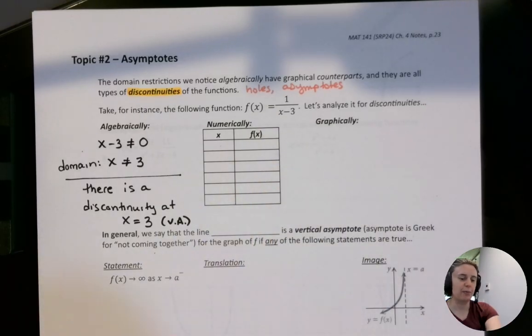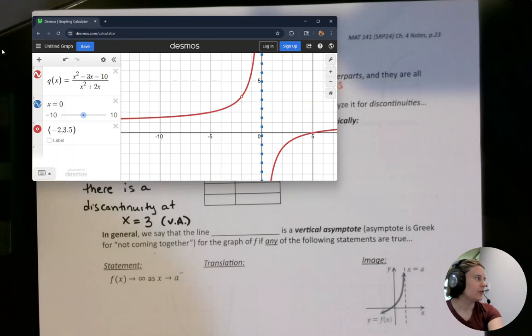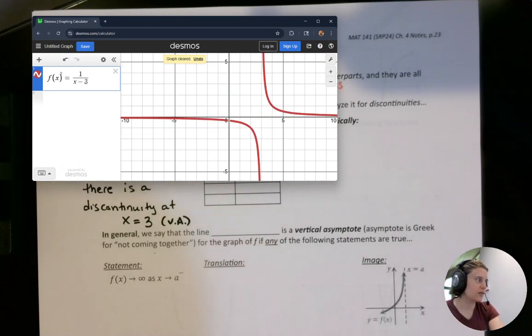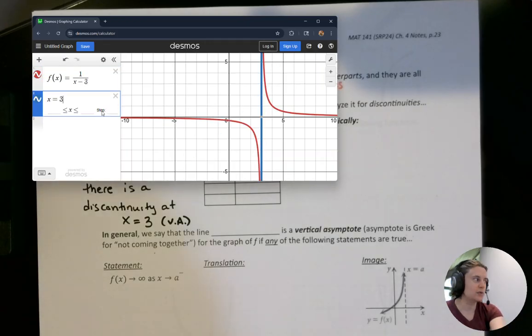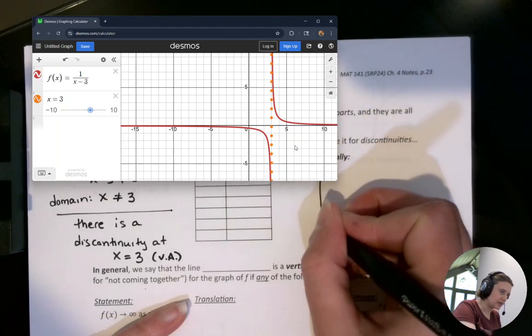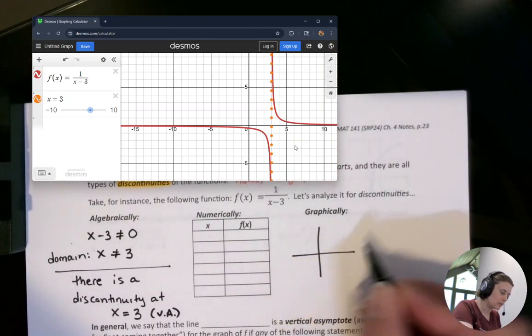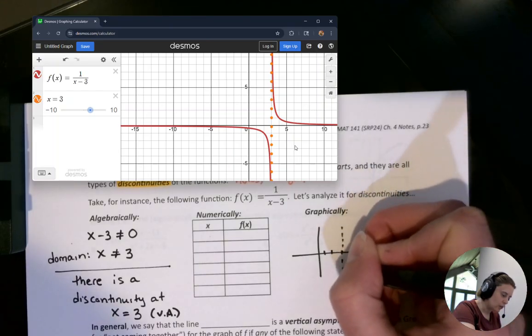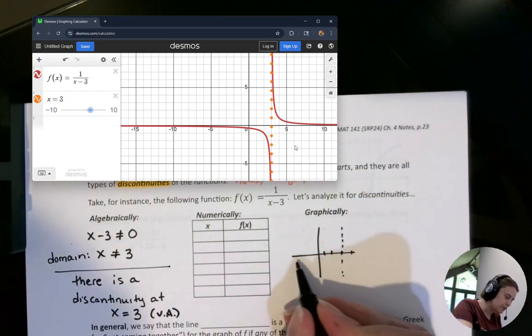Let's actually do our graph before we go numerically, to make it a little bit easier for us to do the numerical table. So this function, f of x equals 1 over x minus 3. It does appear that there is a vertical asymptote at x equals 3. We'll make that dotted. And from my graph, let's make a little sketch of what we see here. At 3, we've got ourselves that vertical asymptote.